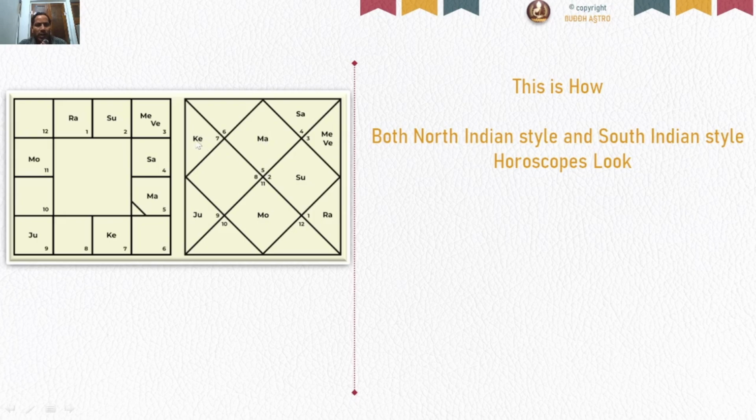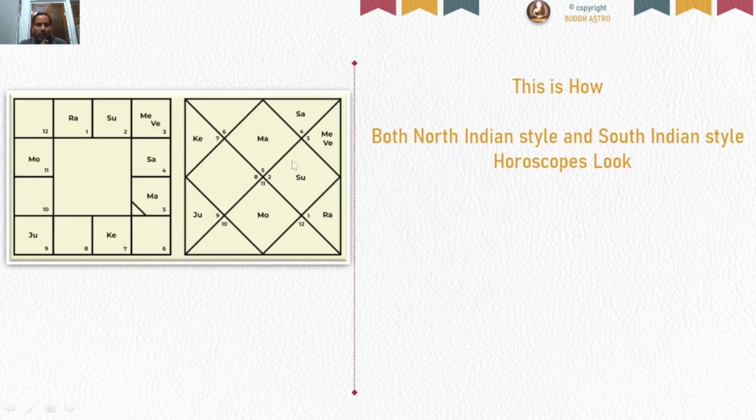Similarly, in this house, KE means Ketu and the sign is 7, that is the Libra sign. Similarly, here you can see this is first, meaning Aries, RA means Rahu. Second means Taurus, SU means Sun. So Sun is sitting in the Taurus sign.